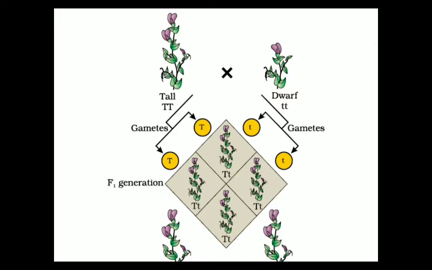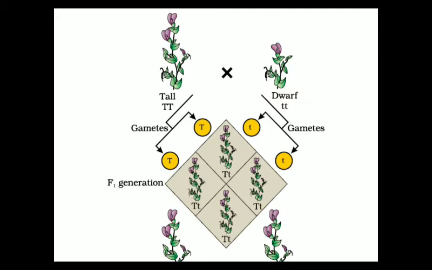When Mendel crossed the pure tall plant having genotype capital T with the pure dwarf plant having genotype small t, any character is coded by one pair of genes known as alleles. Capital T represents the allele coding the trait of tall height, and small t is the allele coding the trait of dwarf height.